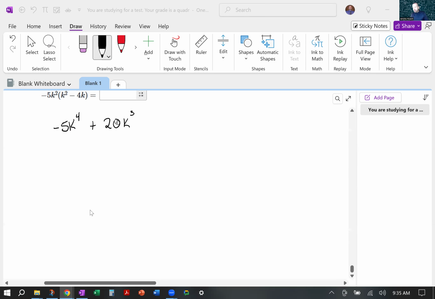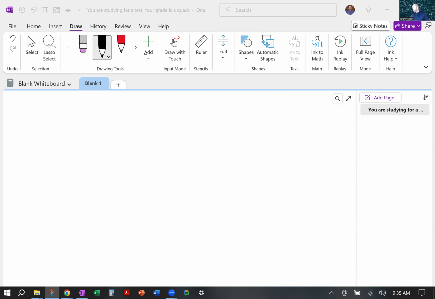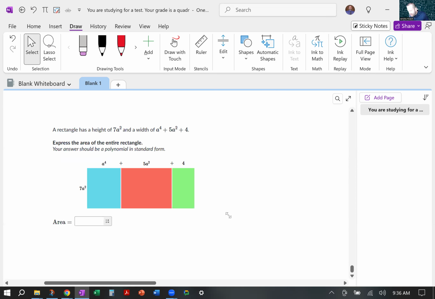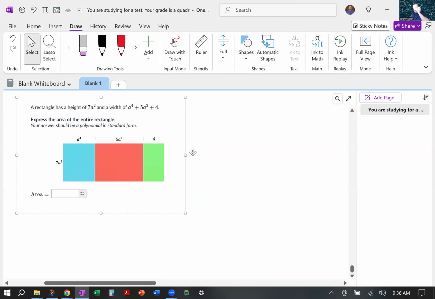Okay, so our next question is an area problem. It tells us the area of this in terms of a and a squared and a to the fourth. It says a rectangle has a height of 7a squared, and it tells us the width like this, and it says express the area of the rectangle as a polynomial.